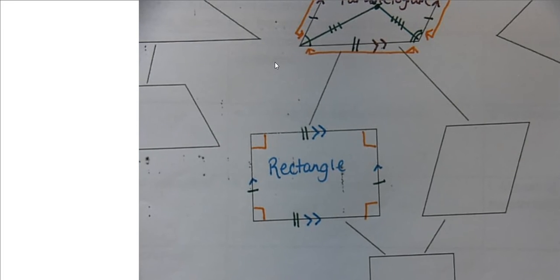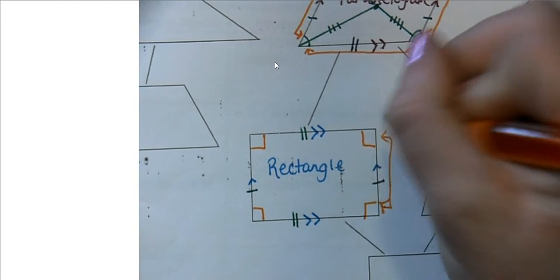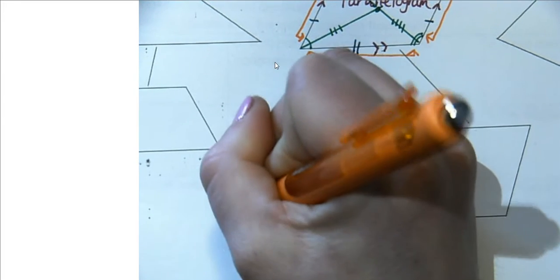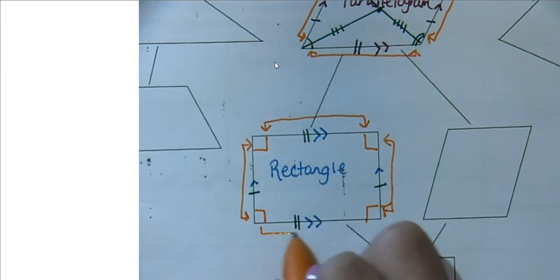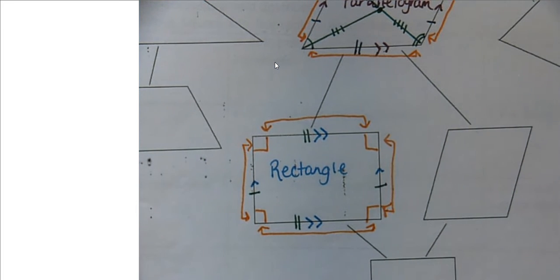In addition to that, next door neighbors say what's up. 90 plus 90 is equal to 180. So consecutive interior angles are supplementary, going all the way around. Next, let's go ahead and mark up our diagonals.